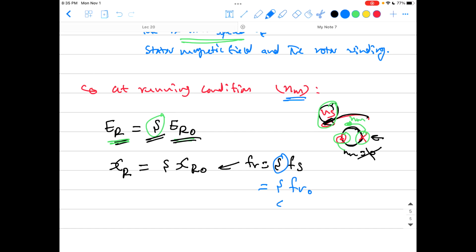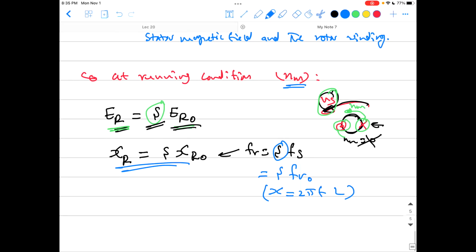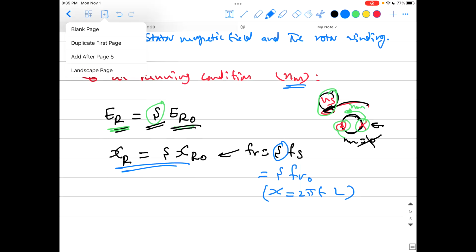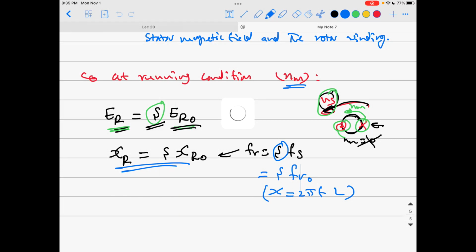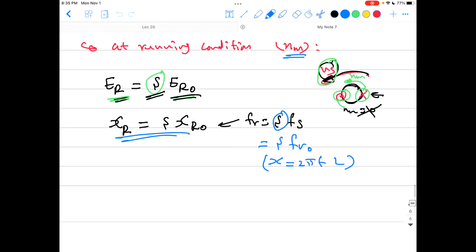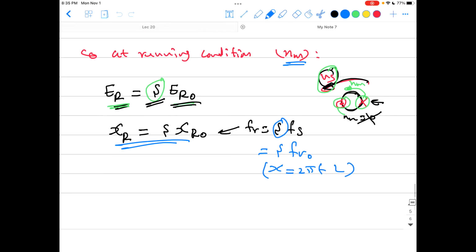And you know that X equals 2 pi fL. So that's how we land at this relationship: X rotor equals the slip times X rotor 0. The 0 just stands for the standstill operation, 0 speed.